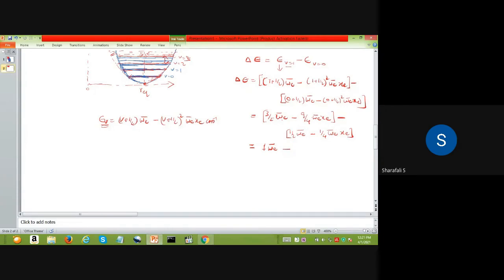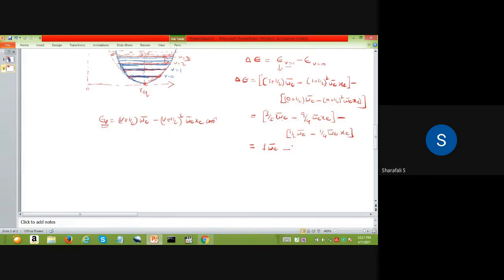Then we have minus 9 by 4 omega e bar xc minus minus, so this will become plus. So that will become 9 by 4 plus 1 by 4 times omega e bar xc. Then it will come as 10 by 4 omega e bar.